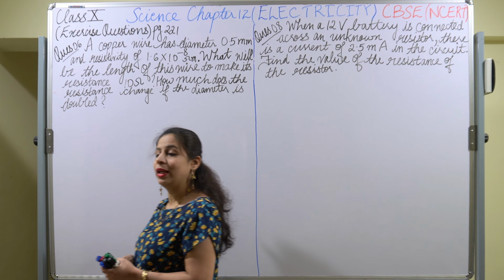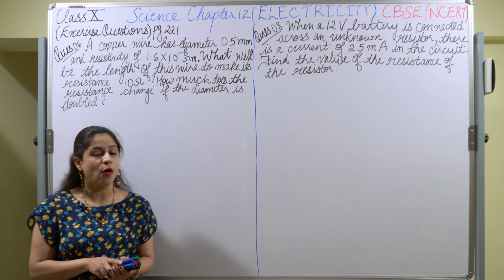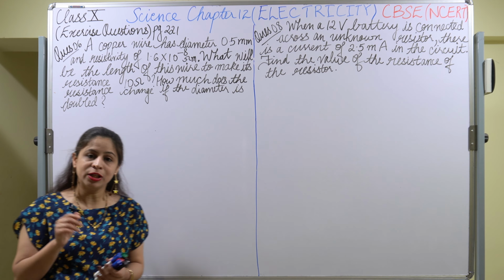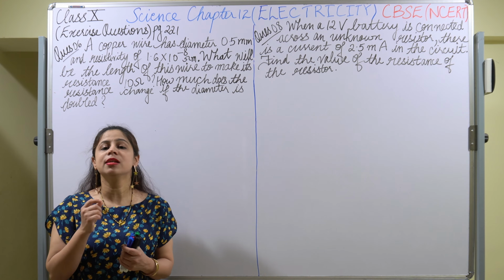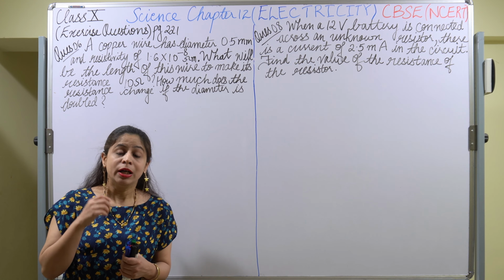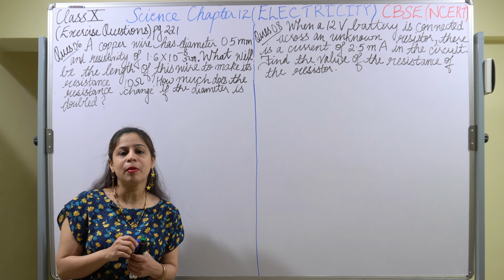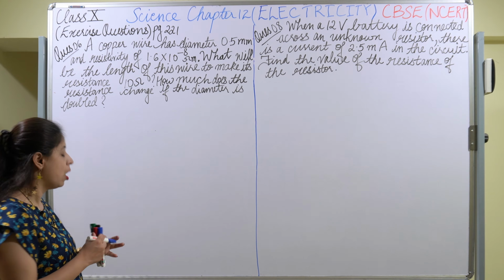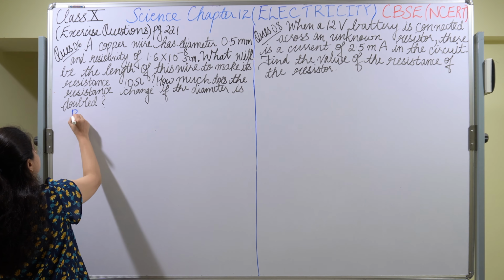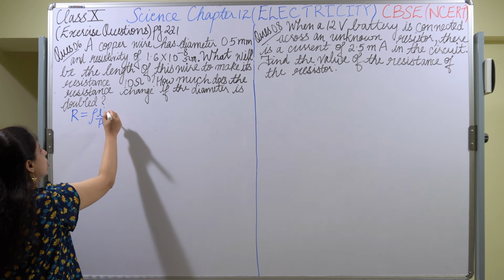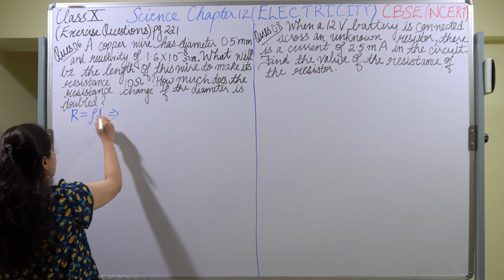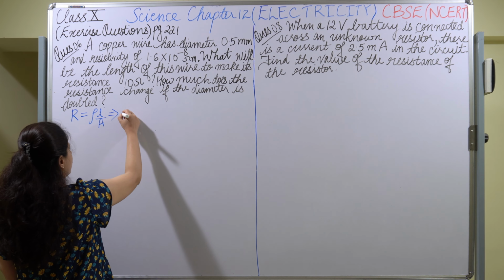In order to find out the length value, we should know the formula for the resistance. Actually, the resistance of a wire is directly proportional to the length and inversely proportional to the area. So R is given by rho L upon A. From here we can calculate the L value.